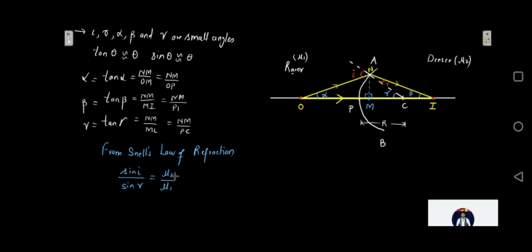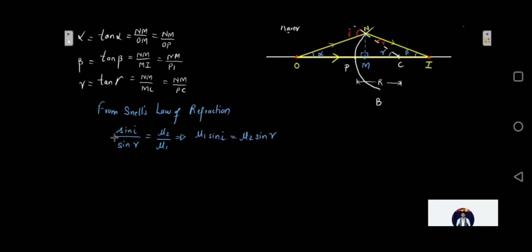So if I cross multiply, I'm going to get mu1 into sine of I is equal to mu2 into sine of R. Again the assumption, that since I and R are very small, sine of theta can be approximated as theta, so I can also write this as mu1 into I is equal to mu2 into R.